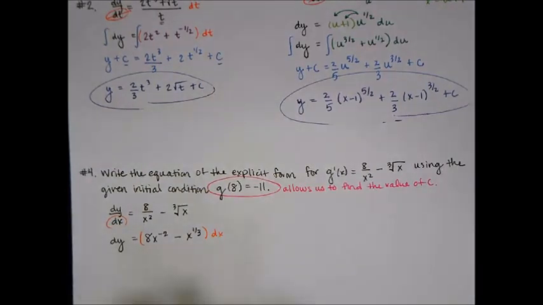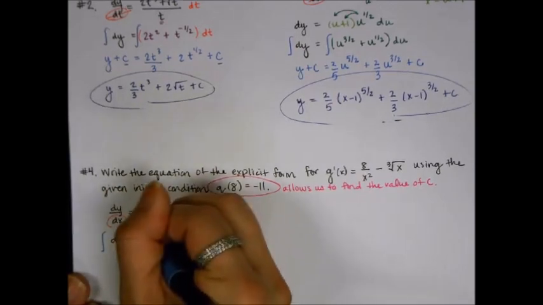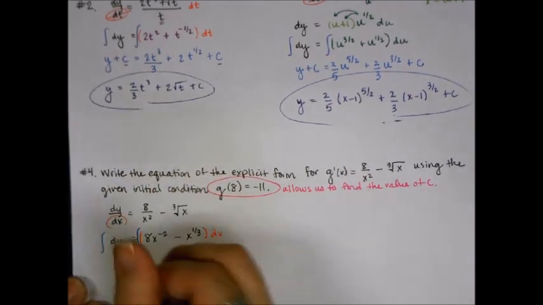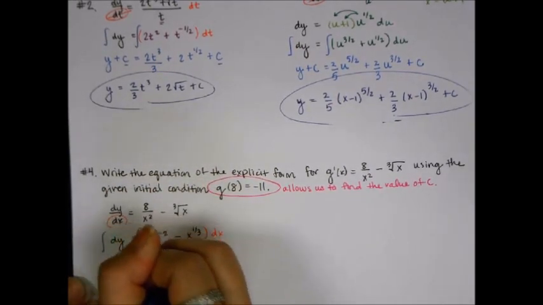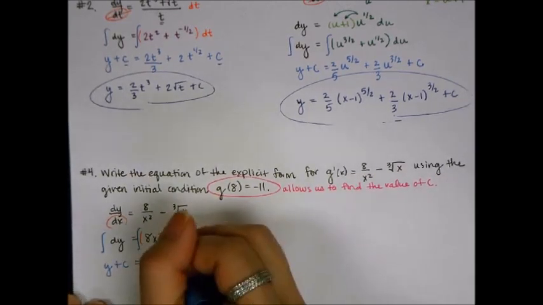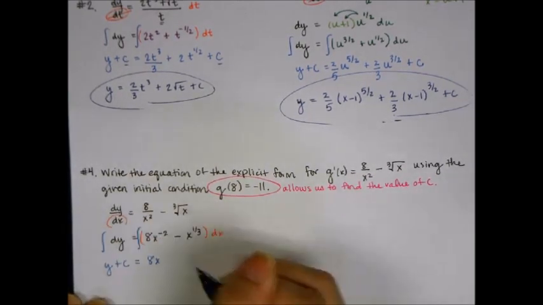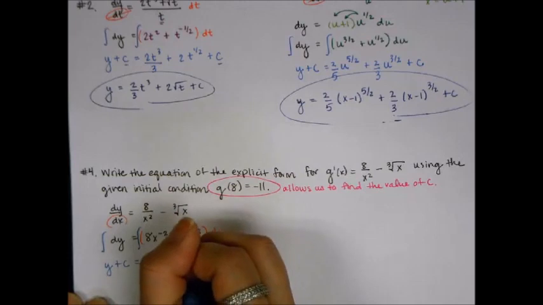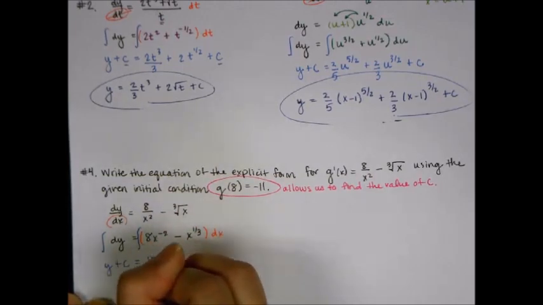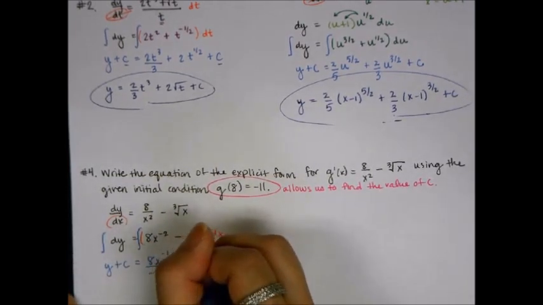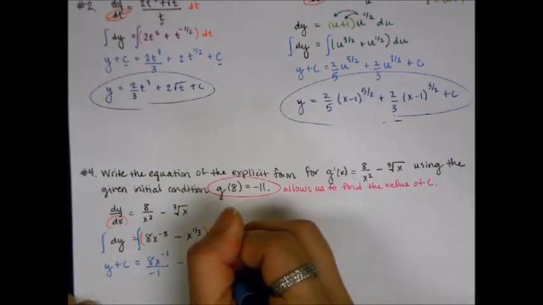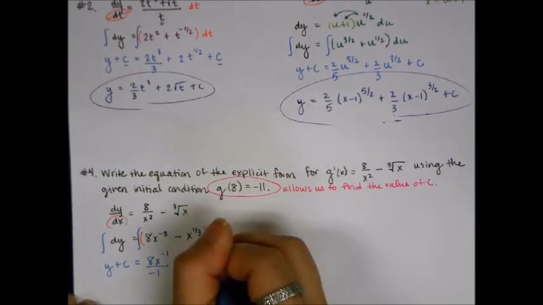So now we want to add in our integrals. So on the left, y plus c. On the right, we have 8x to the power, if we add 1 there, -1 divided by -1 minus x to the power 4/3 times 3/4 plus c. And this is really important.